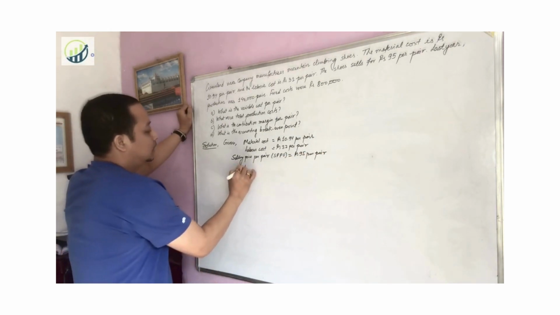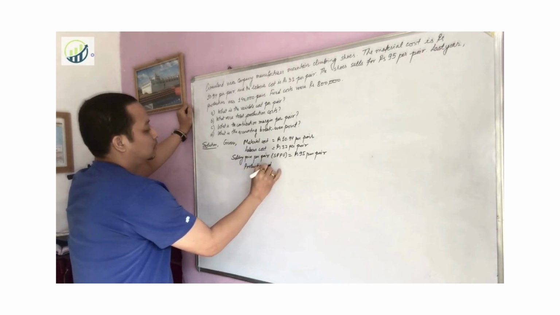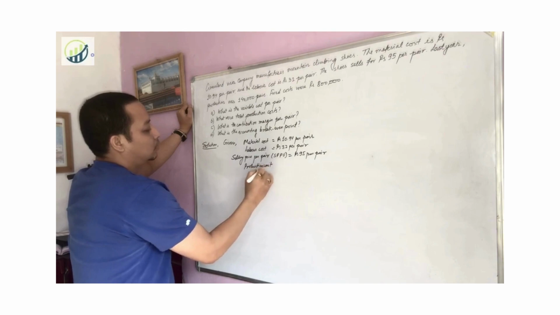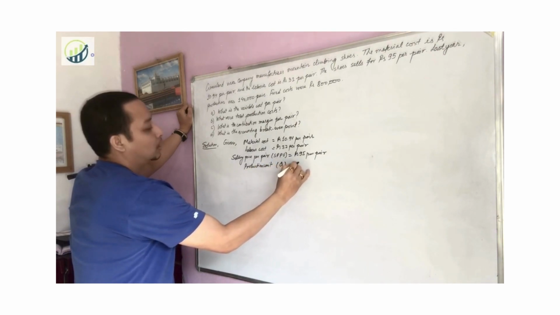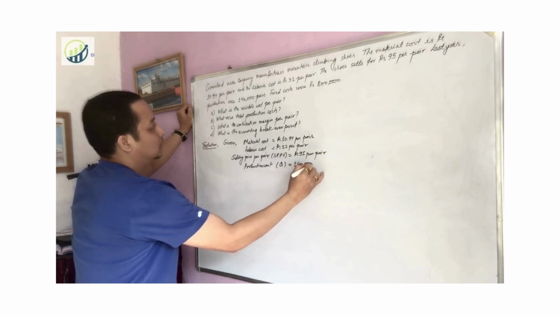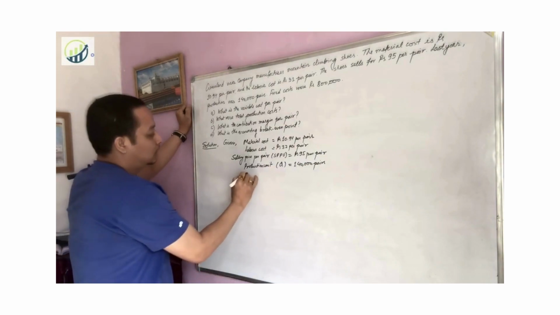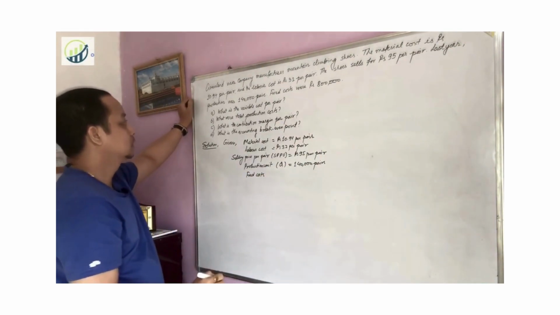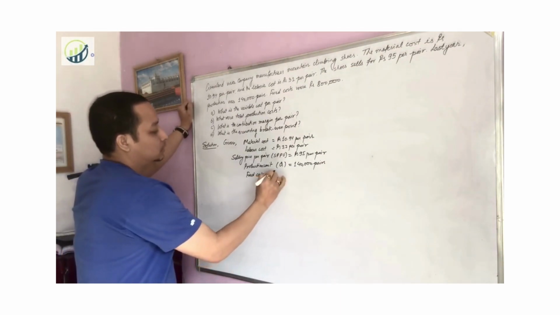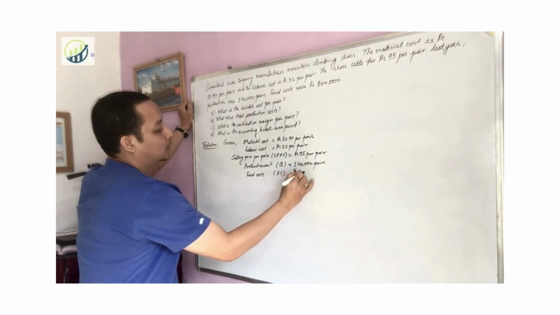Production units is given here, 1,40,000 pairs. And fixed cost is given here. Fixed cost of production of 1,40,000 pairs, that is rupees 8 lakh.